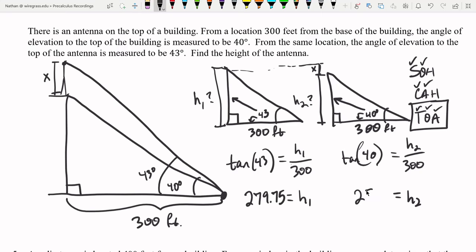That's going to give me 251.73. So our desired distance x is just the larger height, which is H1, minus the smaller height, H2.